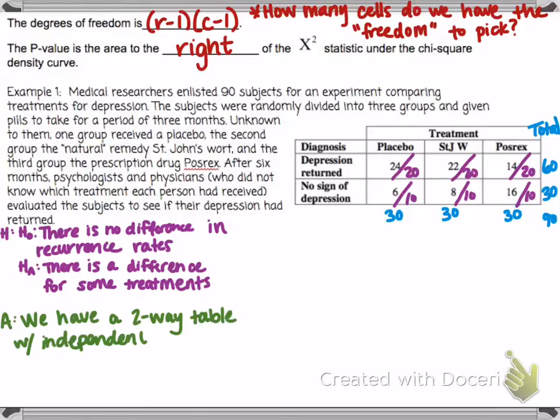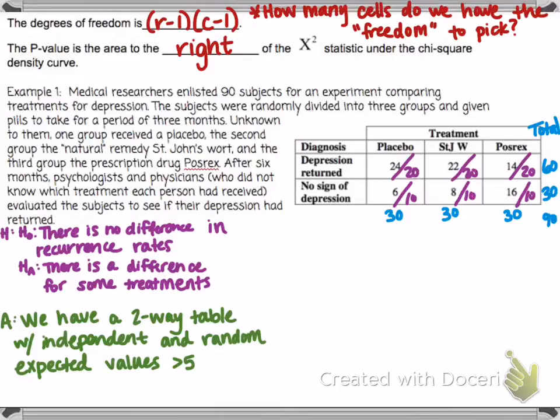Okay, we've got some assumptions that we have to check for. So the first assumption is I know I'm looking at a chi-squared test for homogeneity. If I have a two-way table, I have to have independent and random data. We have independent and random data.